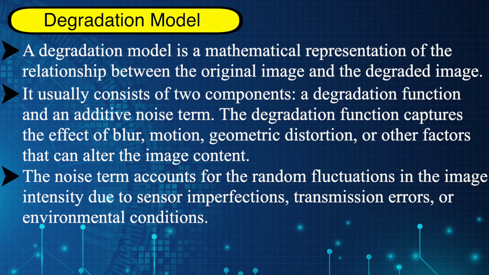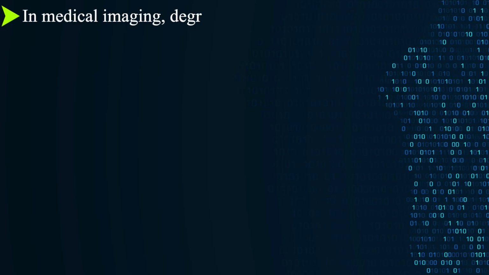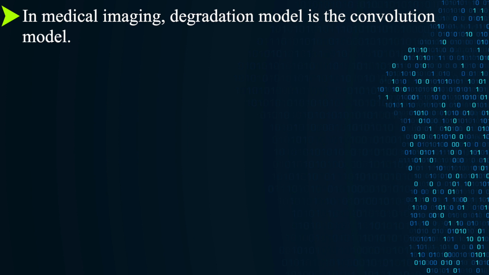Depending on the application and domain, different degradation models may be more suitable or realistic. For example, in medical imaging, a common degradation model is the convolutional model, where the degradation function is a linear filter that simulates the blurring effect of the imaging system.